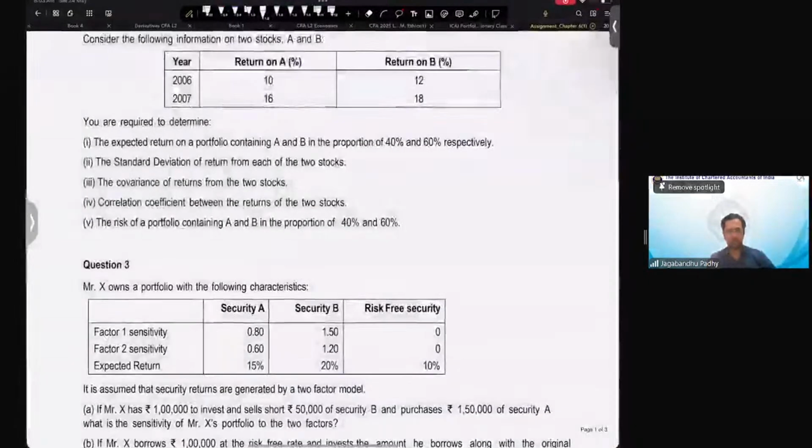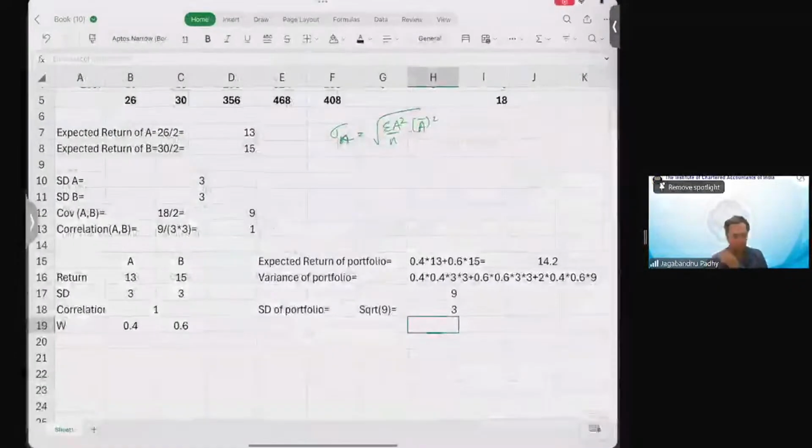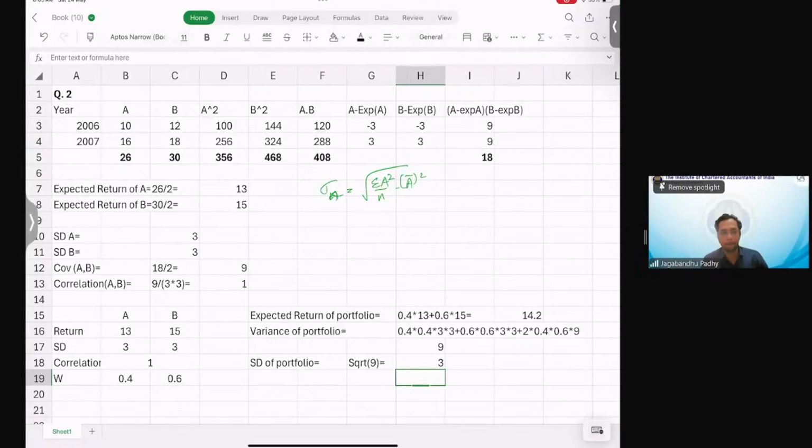So that was question number 2, guys. Are you clear with the solution to question number 2? It's a detailed one, but yes, simple calculation.